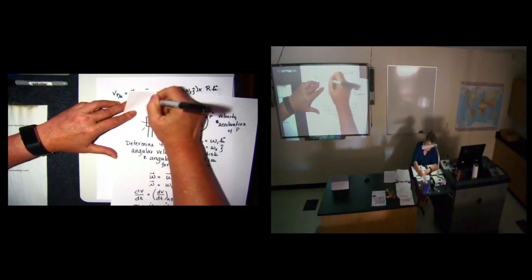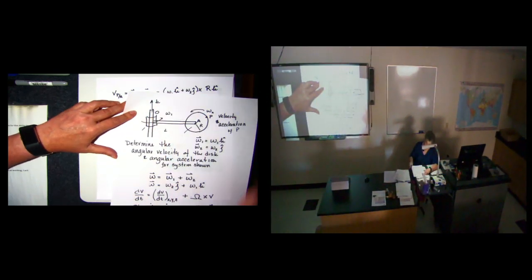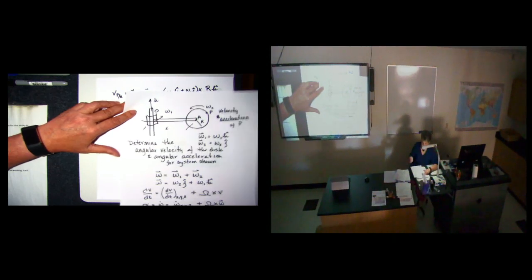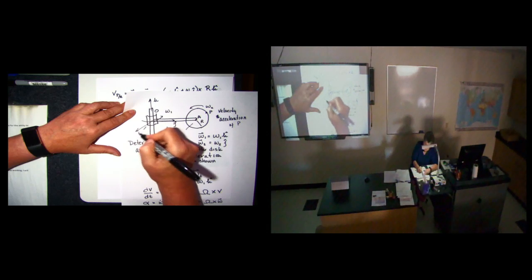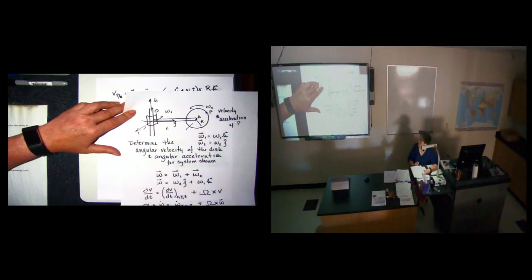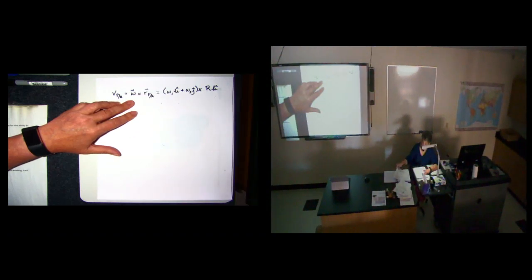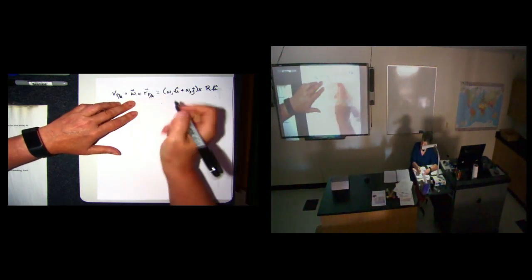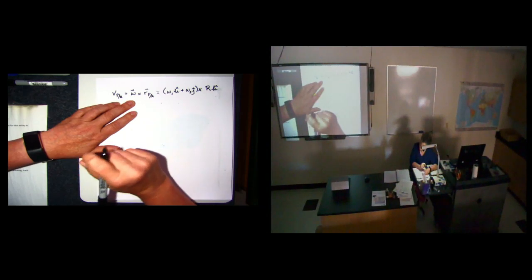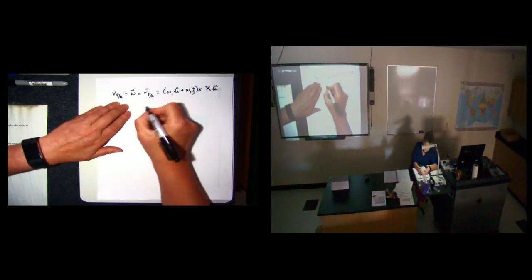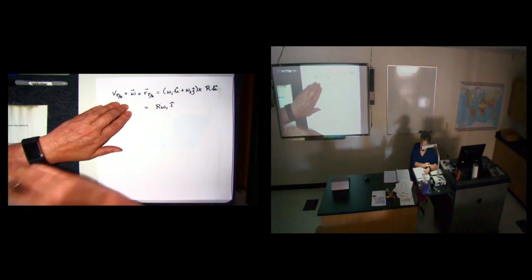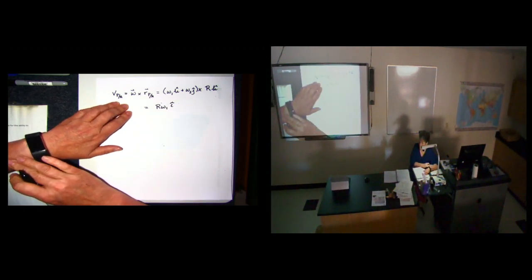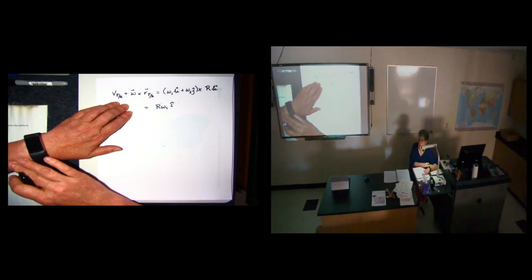Basically, we've said that this is the K direction. This is the J direction. And this is the I direction. When I play with that, this just simplifies to R omega 2 in the I direction. Finally, something that simplified into something manageable.